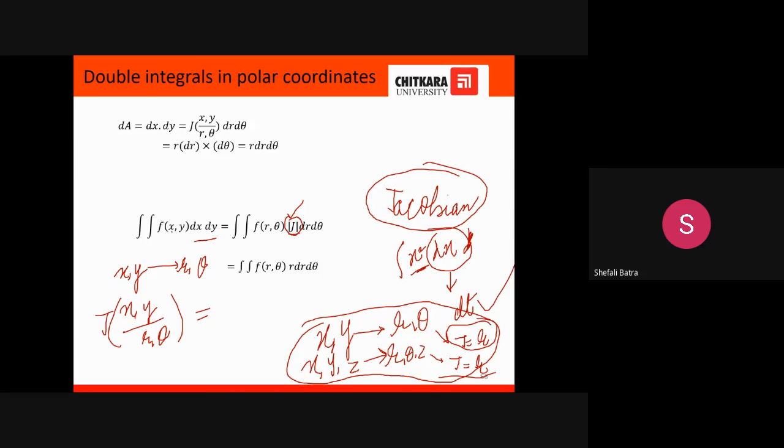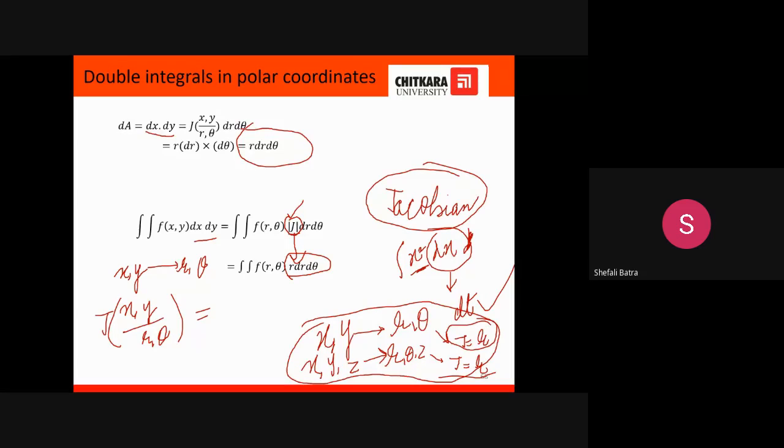So what you will be doing here, Cartesian to r comma theta, Jacobian dr d theta. The value of this Jacobian is r. So when you convert this integral from x, y into r, theta, you will be replacing dx dy with r dr d theta, right?